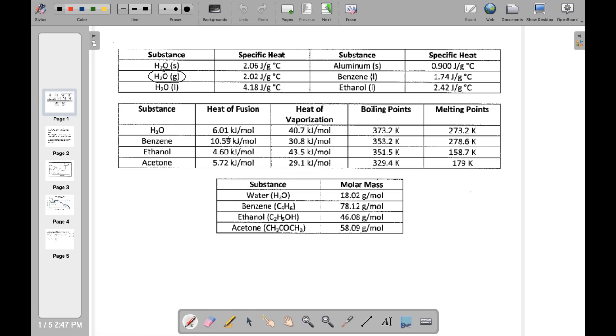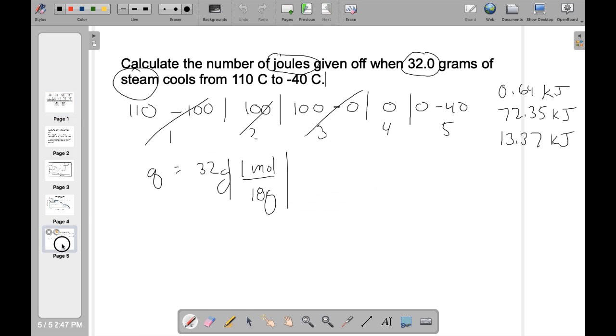It's 6.01 kilojoules per mole. Okay, so 32 divided by 18 times 6.01. Now, yet again, if I do this, I'm going to end up with 10.68 kilojoules.